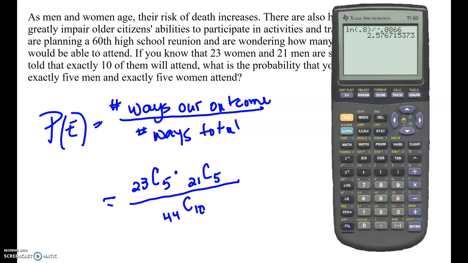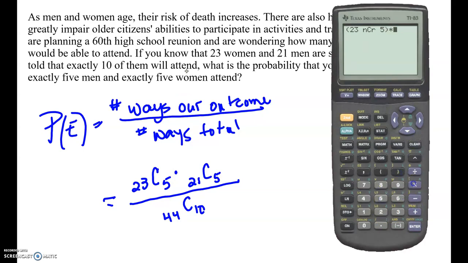There it is. Okay, so clear my screen, and I'm going to go ahead and do my top part first. So parentheses, and I have 23. I'm going to go to math, probability, choose, and we're choosing 5 of those.